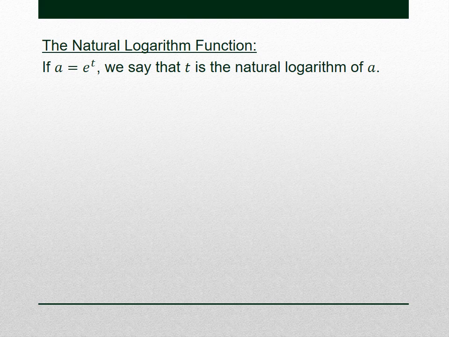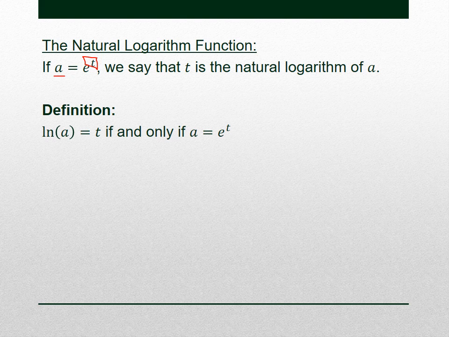The natural log of a is the thing that goes in the exponent of e, so that e to that is equal to a. The formal definition, we use this little ln for the natural log. So the natural log of a equals t if a is e to the t. That's what I said in a different way, hopefully a little bit more clear.